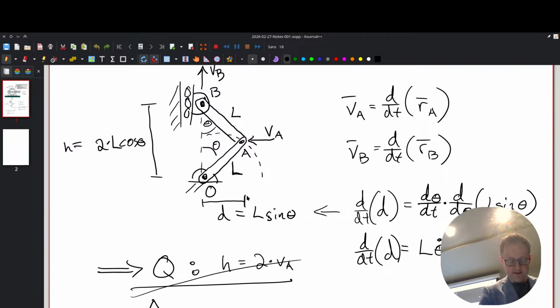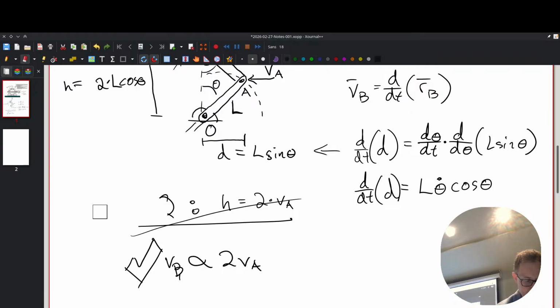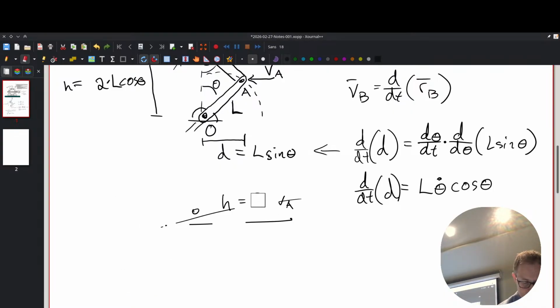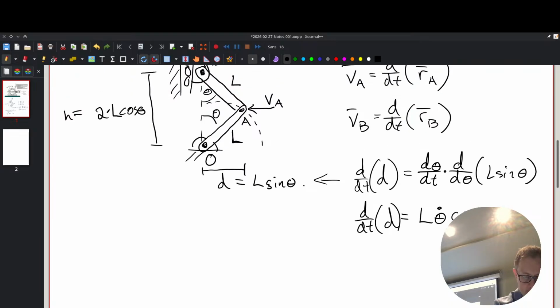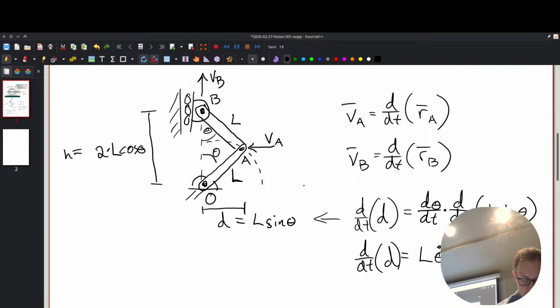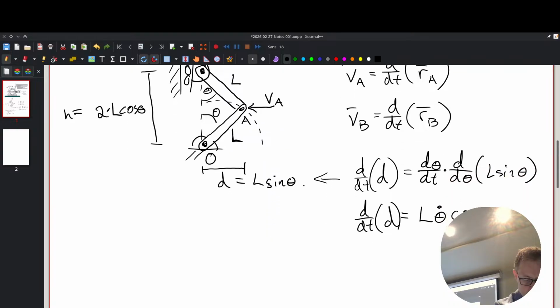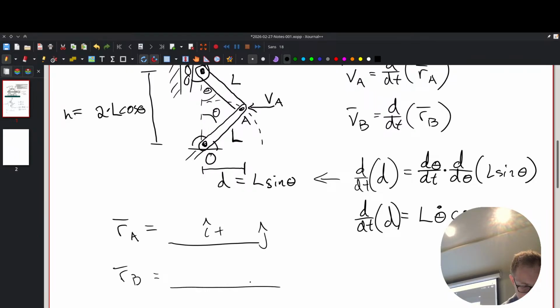And I think this was where I had left off: the positions of those moving hinges.